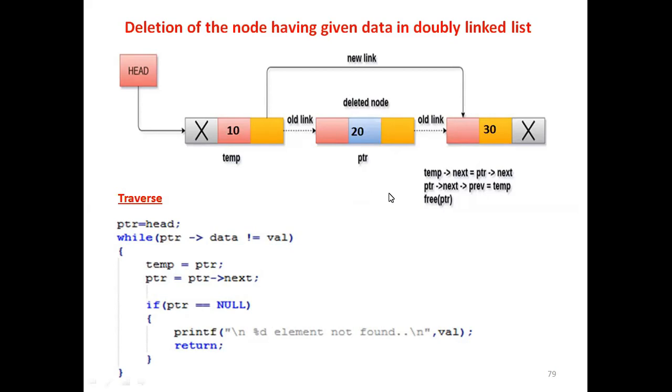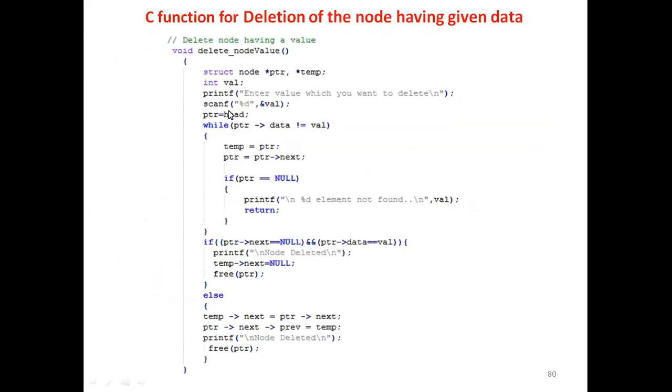So the C function for the same operation is given here. You can see the C function for deletion of the node having given data in a doubly linked list. This is the function name, and here two pointers are declared, ptr and temp, and val is for the value.